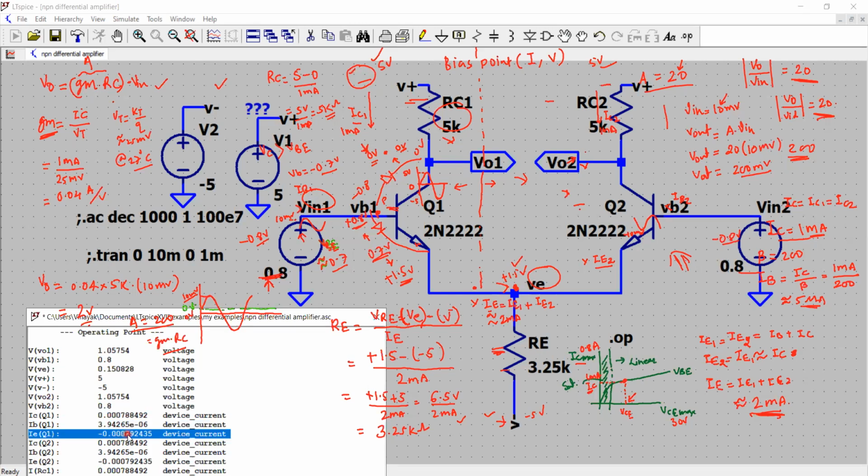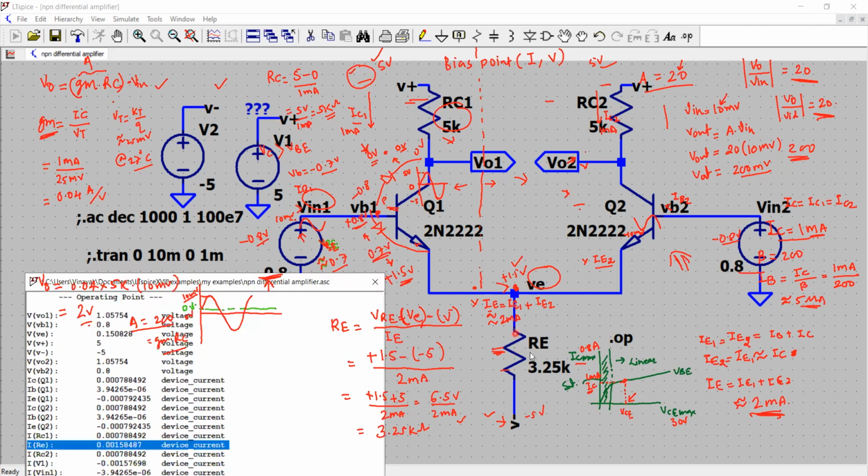Then IE of Q1 will be, of course, IC plus IB. It is about 0.7 milliamp again, or simply 0.8 milliampere approximately. Again, IC2, IB2, and IE2 will be just what we have for transistor 1. Then this is the resistor current RC1 that is flowing right here. We go a little bit up, and the current through the RE, this one, we said it will be 2 milliampere in theory, and it is now 1.5 milliampere.